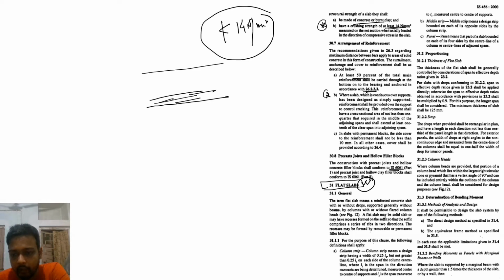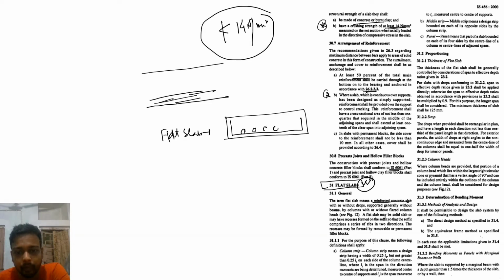The term flat slab means a reinforced concrete slab with or without drop, supported generally without beam by column with or without flare column heads. That means flat slab means a concrete slab with reinforcement.